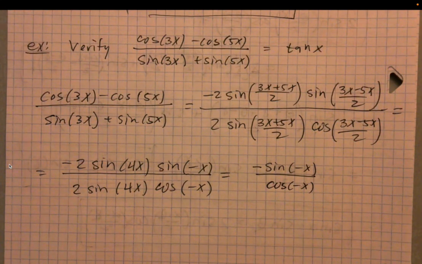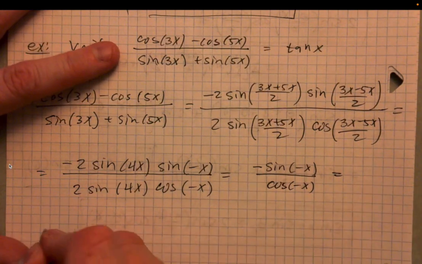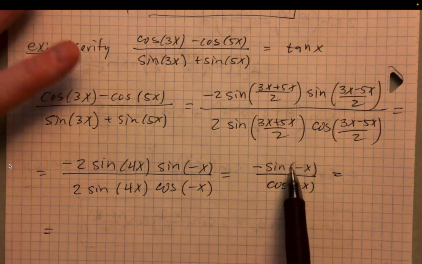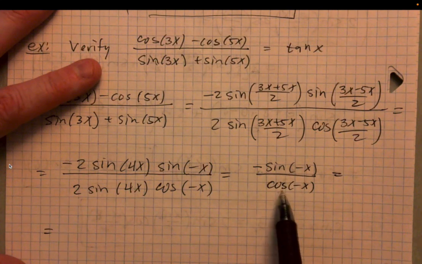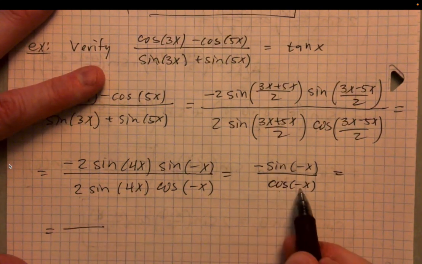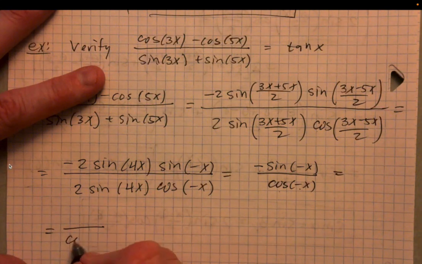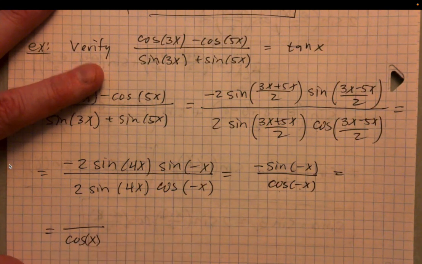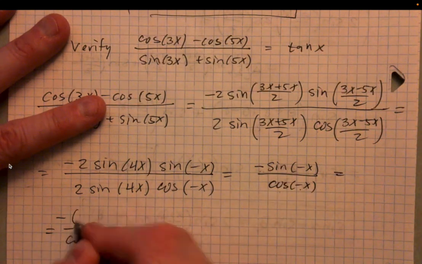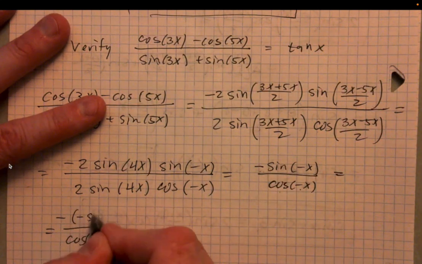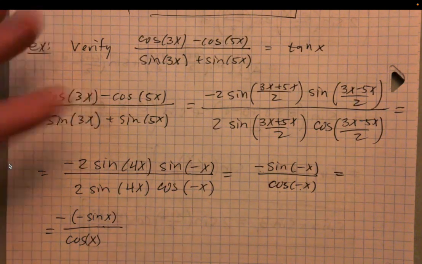I'm getting close to having tangent of x. Sine over cos is tangent, but the arguments are kind of mixed up here, right? So what can we do? Well, we can use even odd functions here. We know that the cosine is an even function. So cosine of -x is just equal to cosine of x because it's an even function. Sine is an odd function, so sine of -x is equal to negative sine of x, like so.